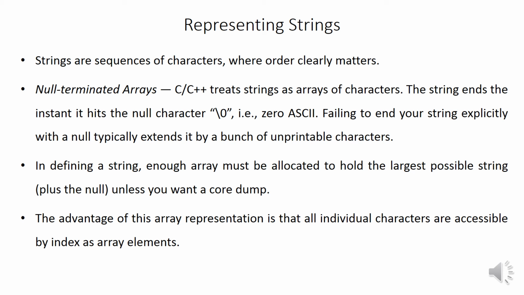So in defining a string, enough array must be allocated to hold the largest possible string plus the null. When you define a string in your C or C++ program, that string always ends with slash zero, the null character. Otherwise, some errors are generated, or more memory space is used.